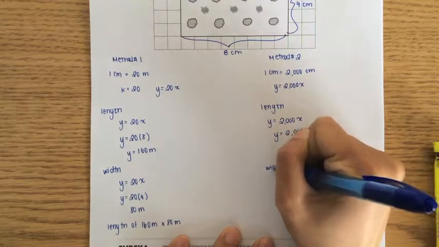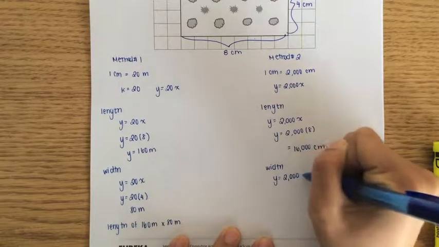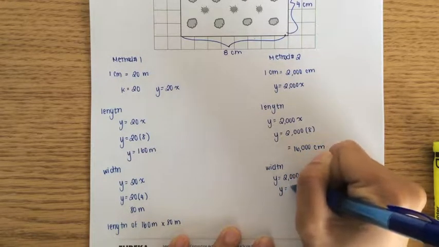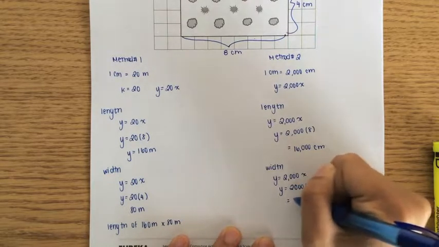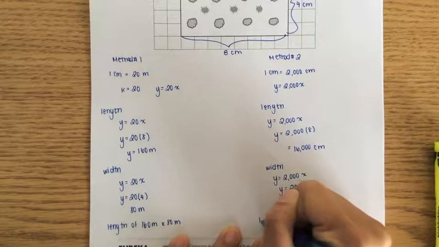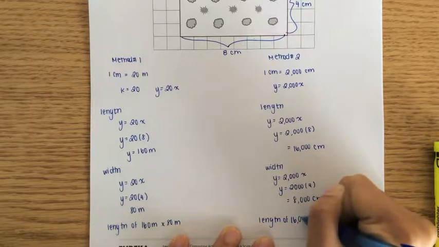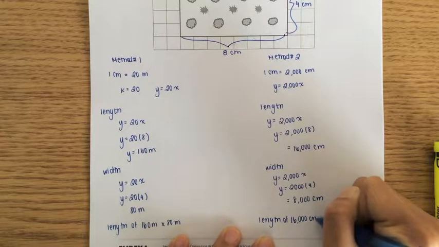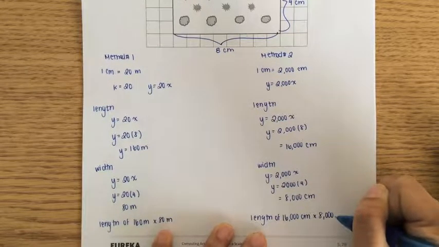And then for width, using y equals 2,000x, y equals 2,000 times 4, which ends up becoming 8,000 centimeters. So that means we have a length of 16,000 centimeters by 8,000 centimeters.